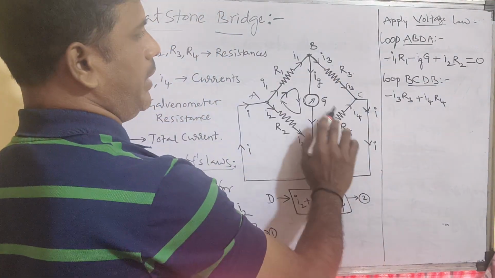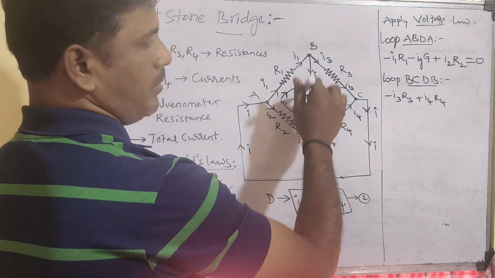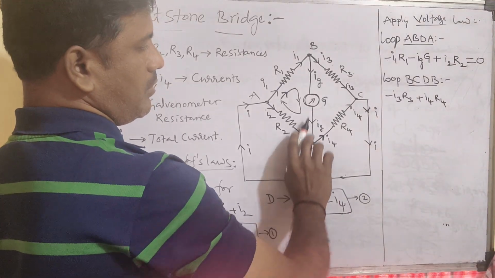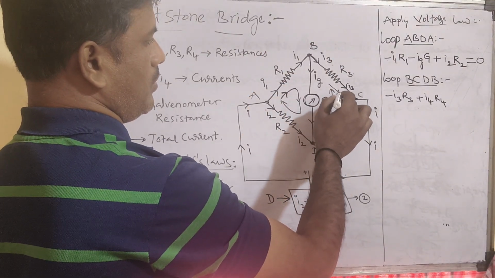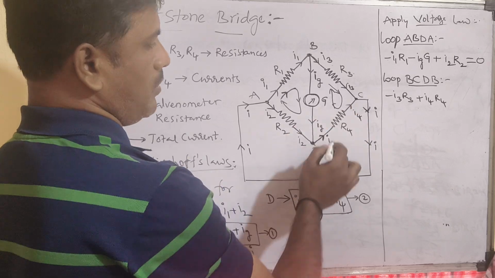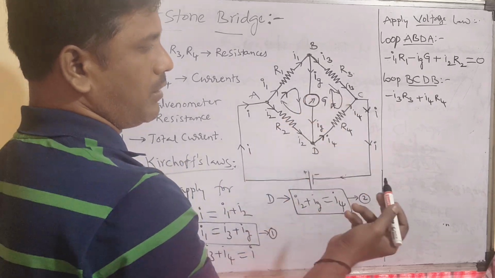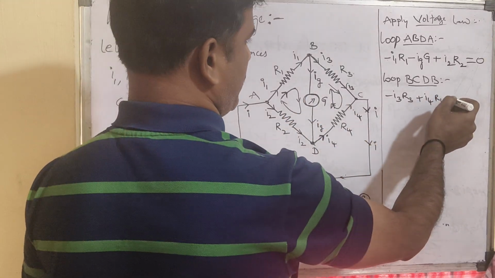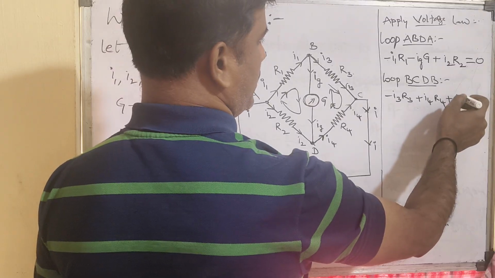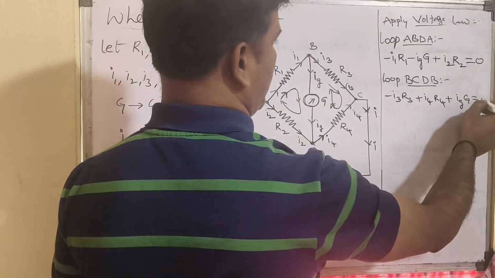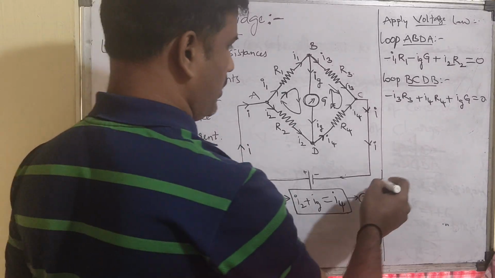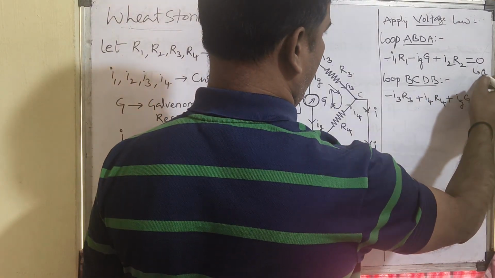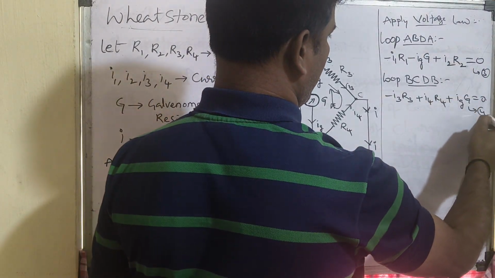Next, D to B, the current direction is downwards and the loop direction is upwards, so it is positive: plus Ig G equal to 0. Are you clear? This is equation 2, equation number 3, and equation number 4.